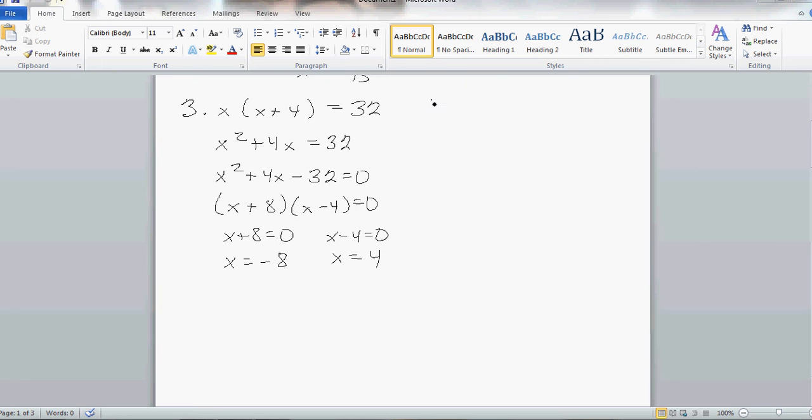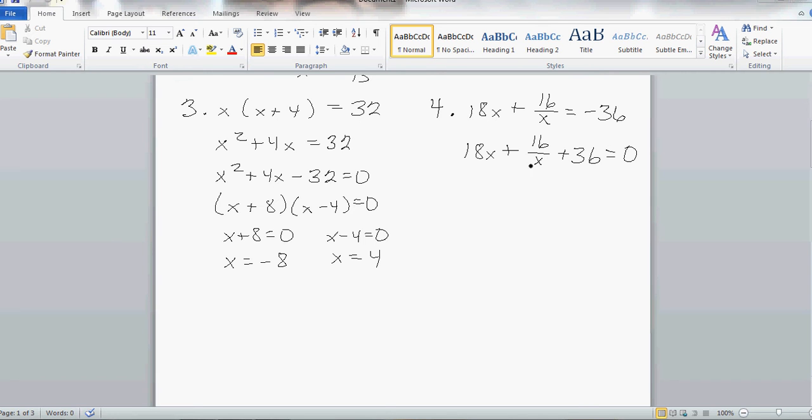For number 4, we get 18x plus 16 over x equals negative 36. First thing, get everything to one side and set it equal to 0. So this would be 18x plus 16 over x, adding 36 to both sides, we get that. Now get rid of the fraction.